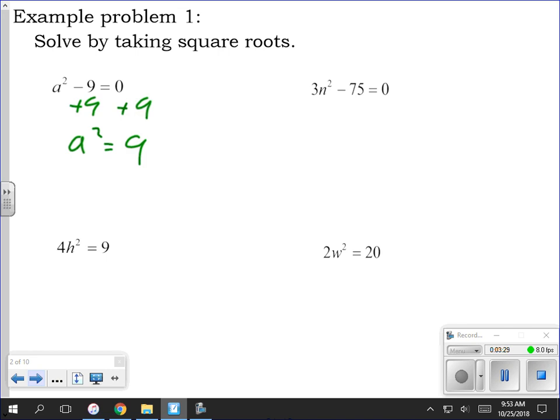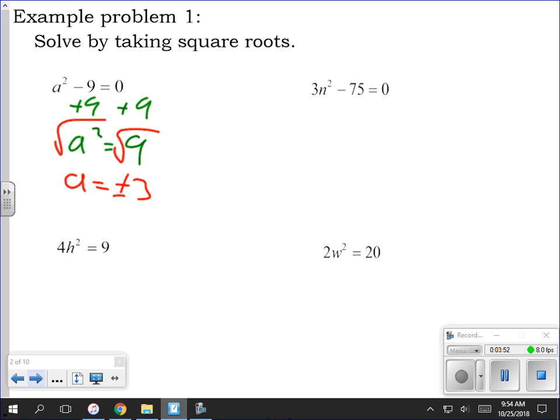You undo a square by taking the square root. Squaring and square roots are inverse operations. To get rid of the square, I square root both sides. a equals, what's the square root of 9? 3. However, I need to have plus and minus 3, both of them.